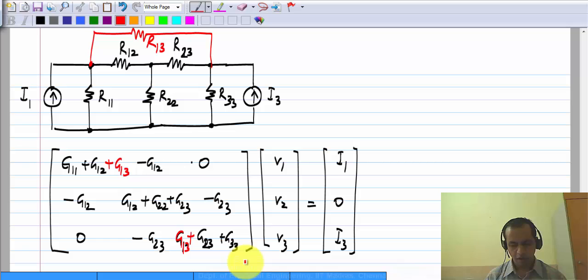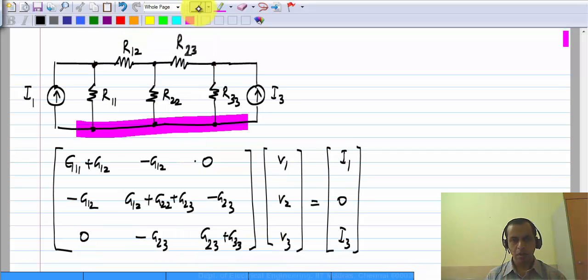Also, the off diagonal element changes, because this conductance is connected between two nodes, neither of which is a reference node. This element here, which was earlier 0 because no conductance was connected between nodes 1 and 3, now becomes minus G13. And similarly here, this becomes minus G13. The matrix is still symmetric because we still have a circuit consisting of only conductances and current sources.